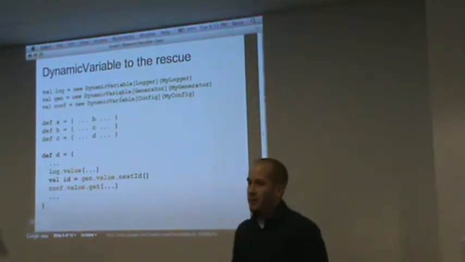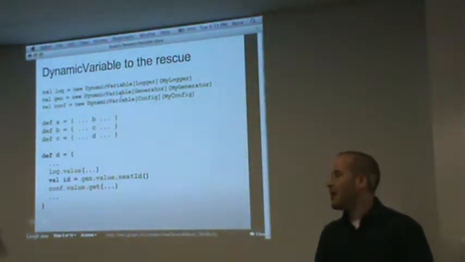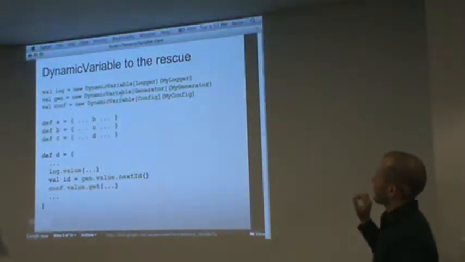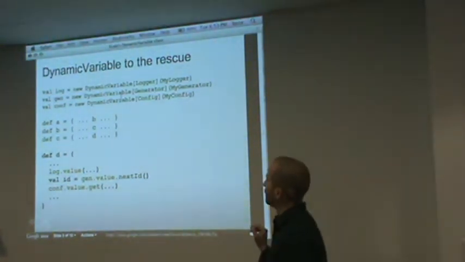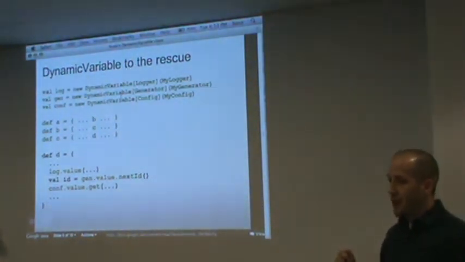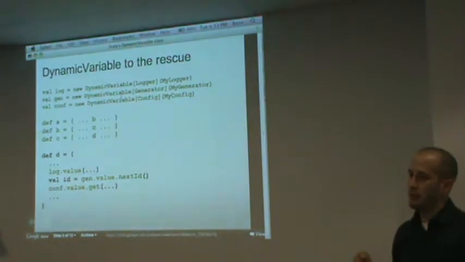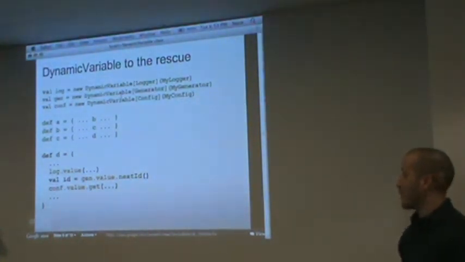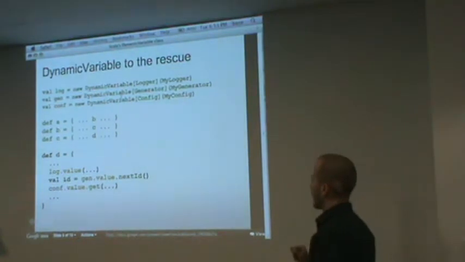So there's a lot of ways you could fix this, but the one that I'm going to present is using this class DynamicVariable. And if you've seen the class ThreadLocal in the Java standard library, DynamicVariable is a very thin wrapper around ThreadLocal. So probably some of you are already familiar with that, and some of you aren't.